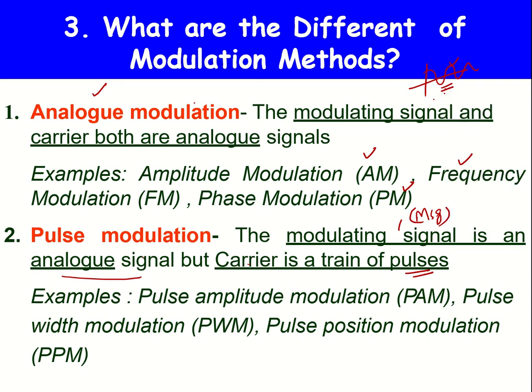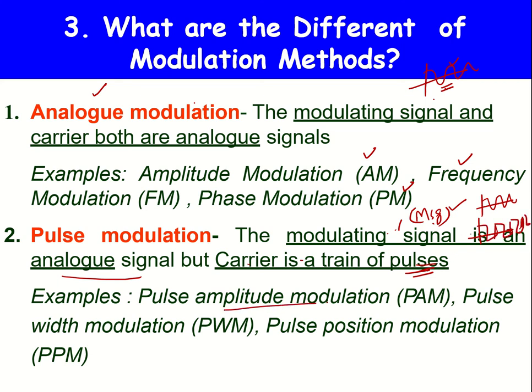In pulse modulation, your modulating signal is analog and your carrier is pulse. For example, the modulating signal is this analog signal, but the carrier is a discrete time pulse signal.